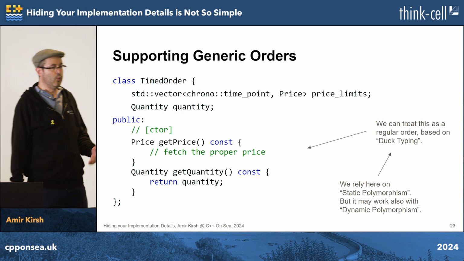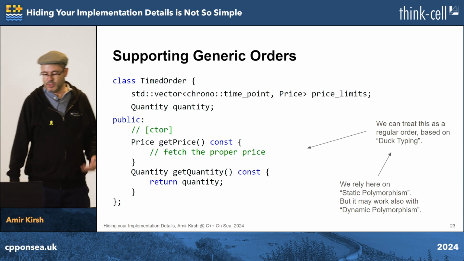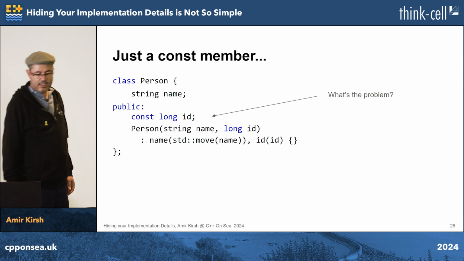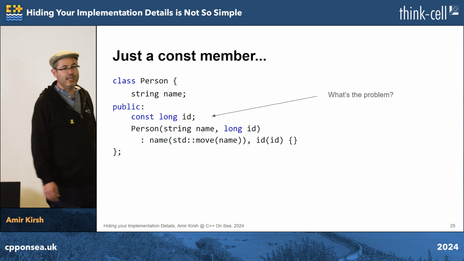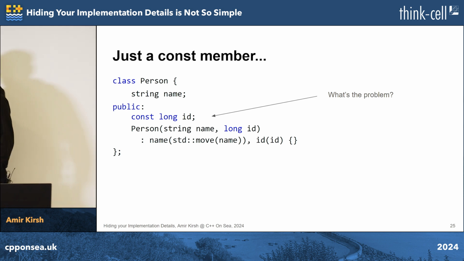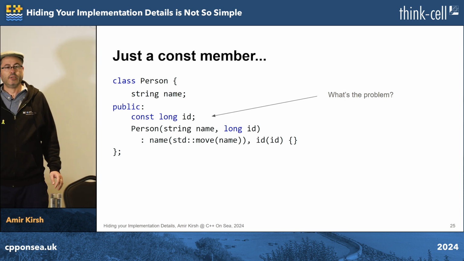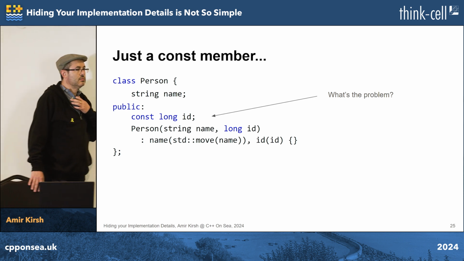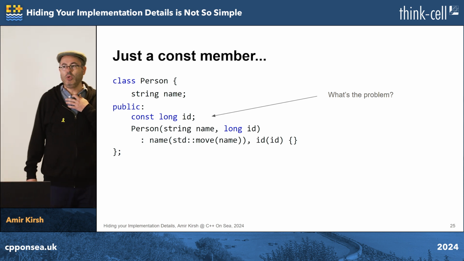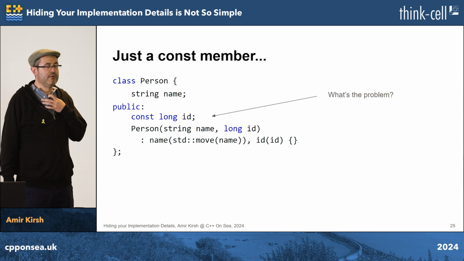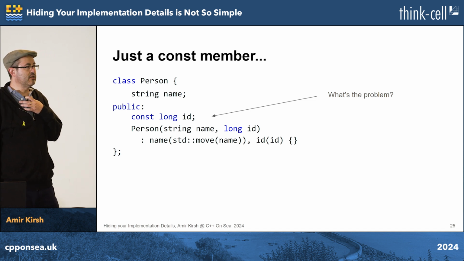Starting with, yeah, we do want our data members to be in the private. But if it is just a const member, I mean, a person has an ID. The ID is set when the person is born, and you're not going to change the ID, usually. So why should we bother putting that in the private section and providing a getter?